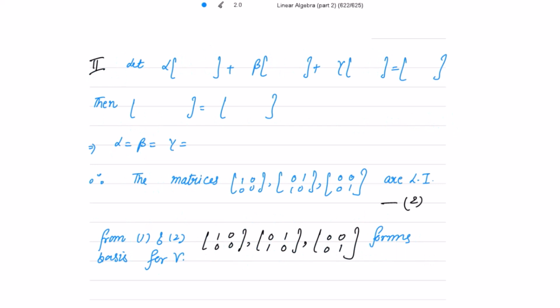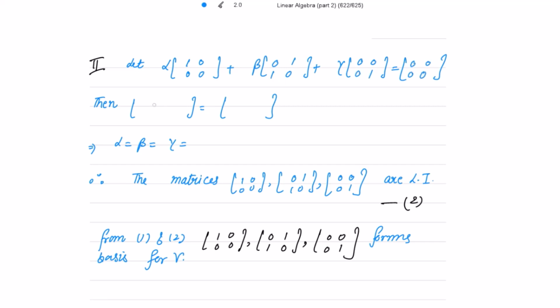Now to check whether these matrices are linearly independent or not, let me take the scalars. Alpha [1, 0; 0, 0] plus beta [0, 1; 1, 0] plus gamma [0, 0; 0, 1] equal to [0, 0; 0, 0].